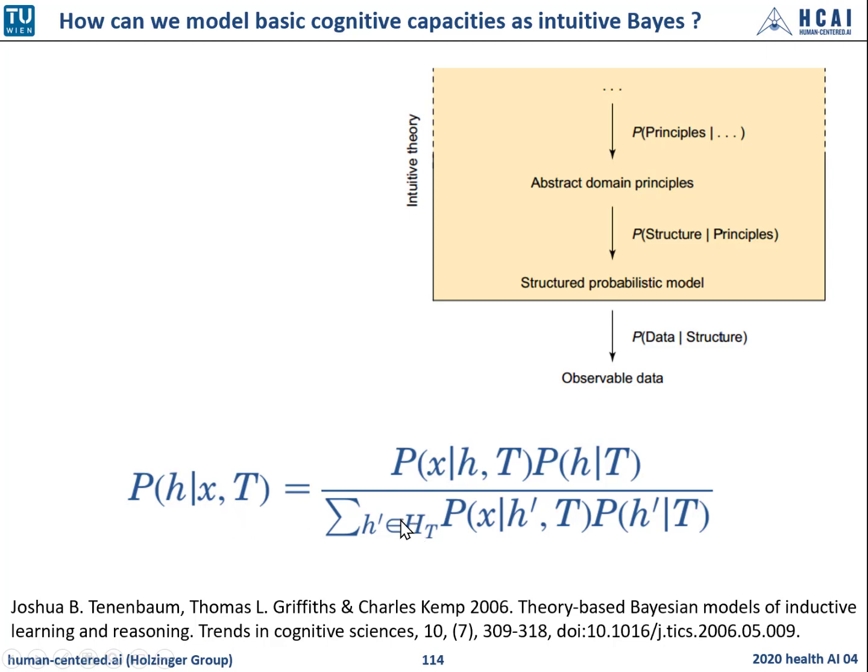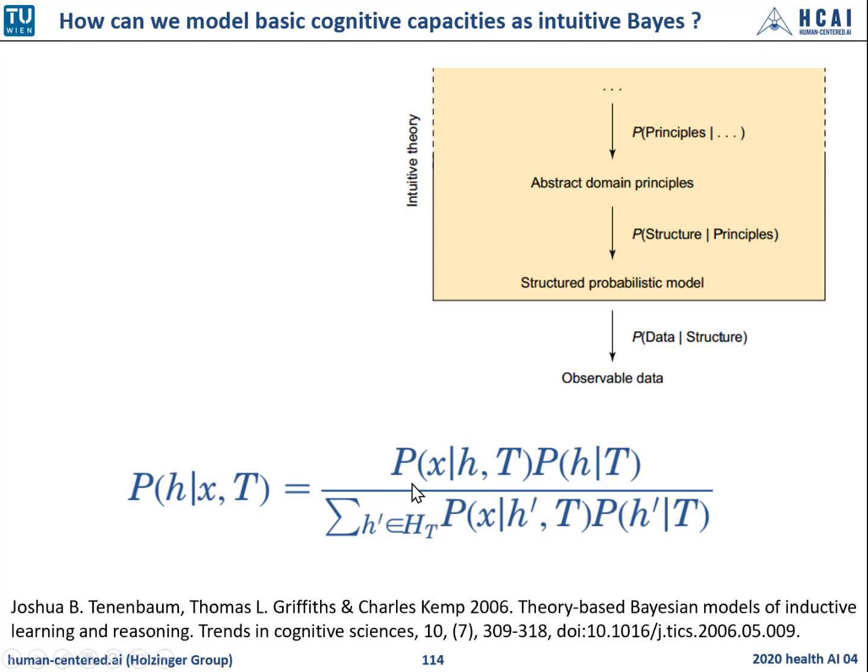And now we score each hypothesis by computing the posterior probabilities. So the likelihood P of X given H and T times P of H given T. And now we have the problem, now we need Metropolis-Hastings again, but now we have to marginalize.